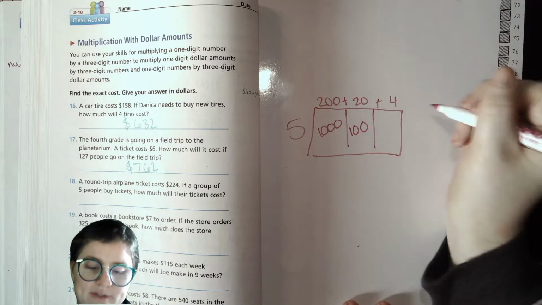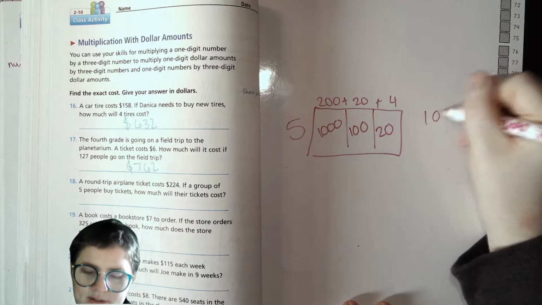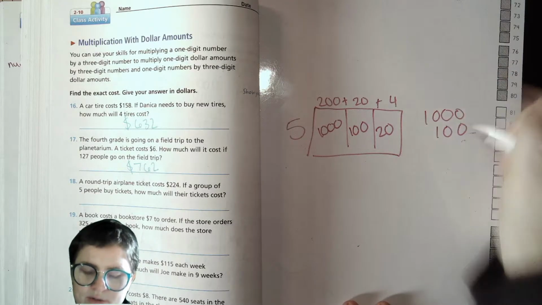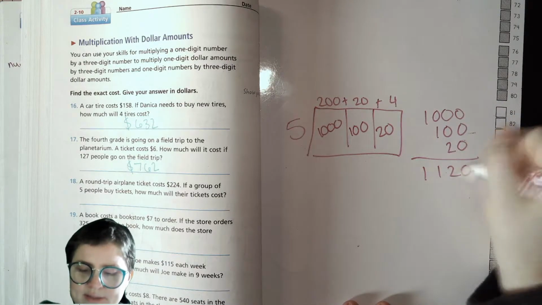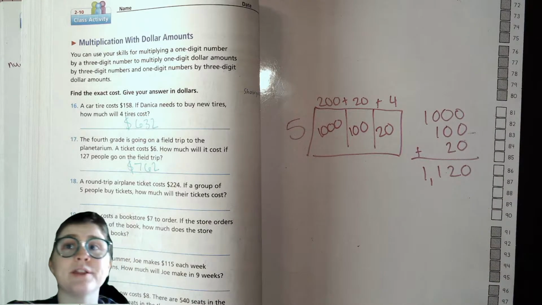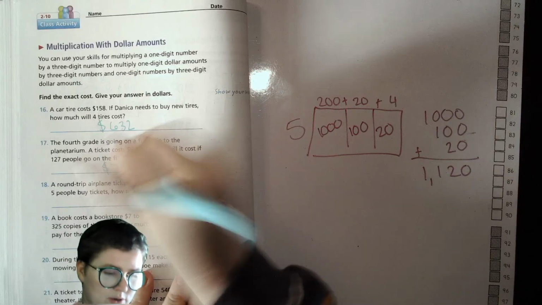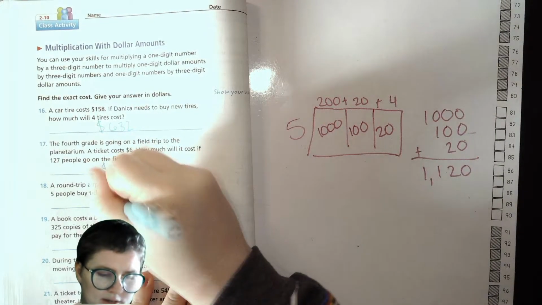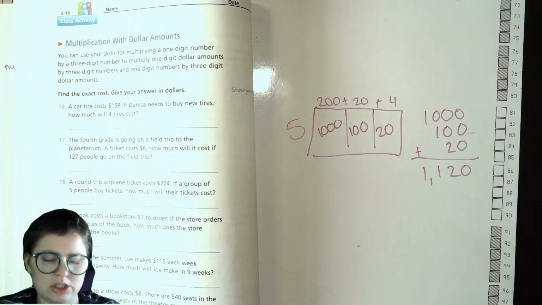And 5 times 4 is 20, so 1,120. Easy. $1,120, right?